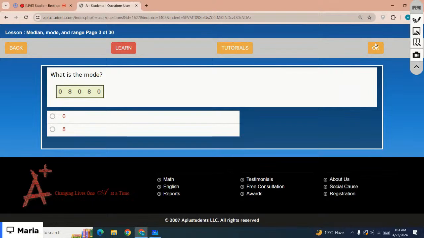So 0 is the number that appears the most of the time. So 0 is the mode.